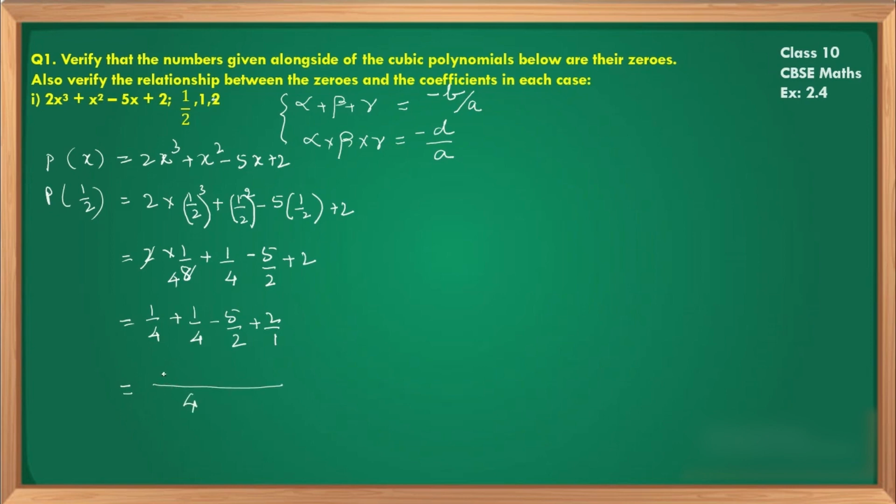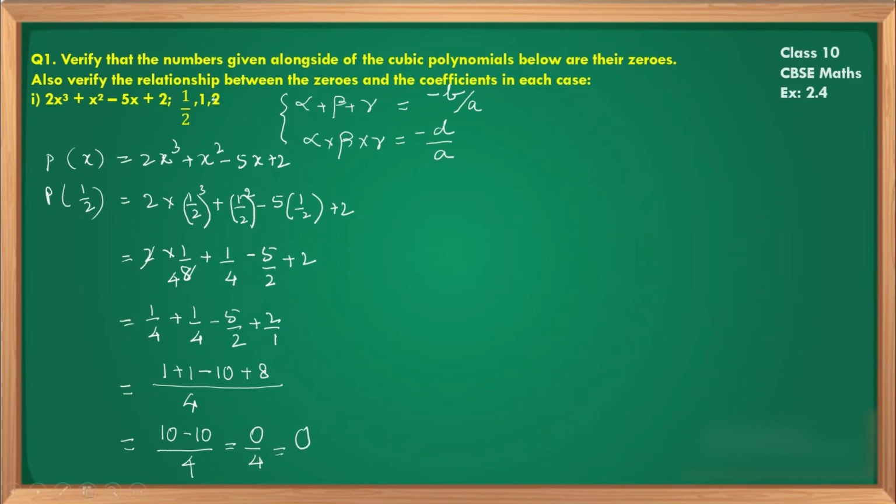Draw a line. 1 plus 1, minus 2 into 2 gives you 4, and 2 into 5 is 10, plus 1 4s are 4, 4 into 2 is 8. Further, 1 plus 1 is 2 plus 8 is 10. 10 minus 10 divided by 4 is equal to 0 by 4, which is equal to 0.